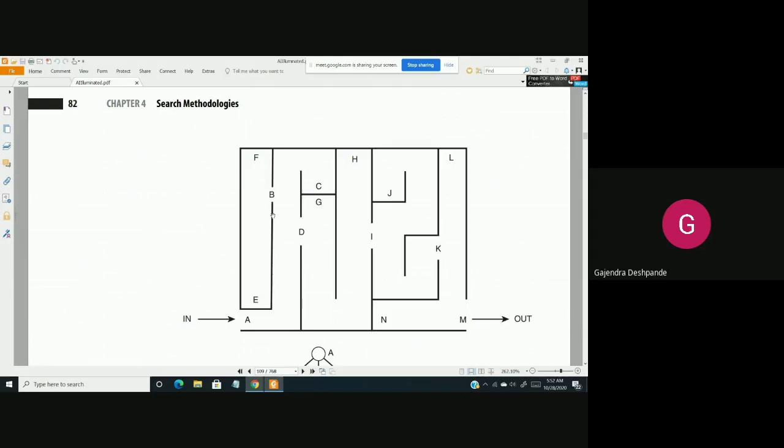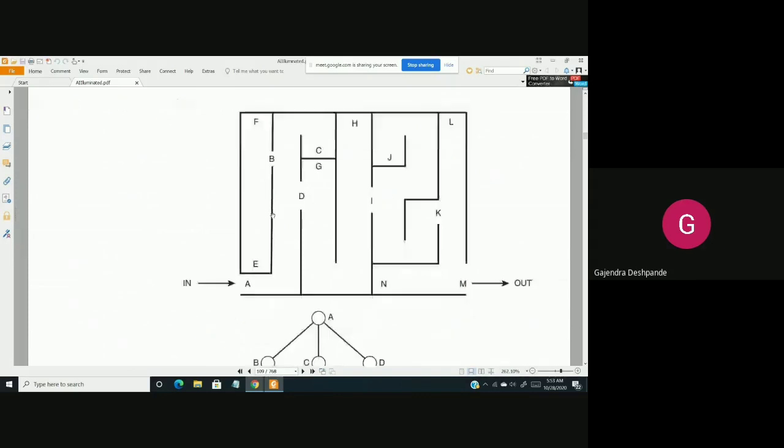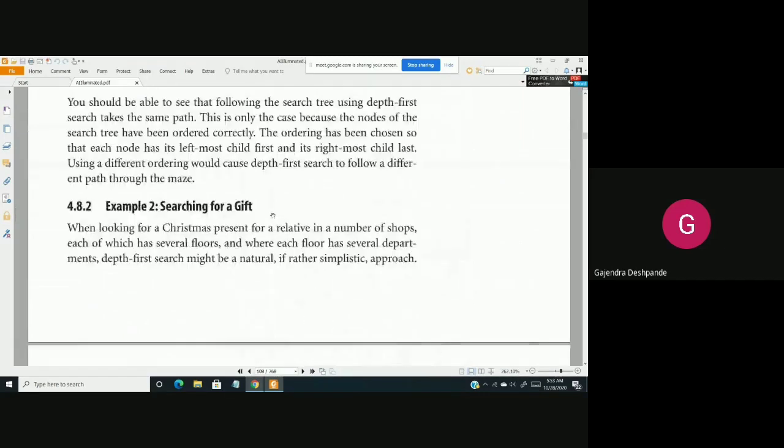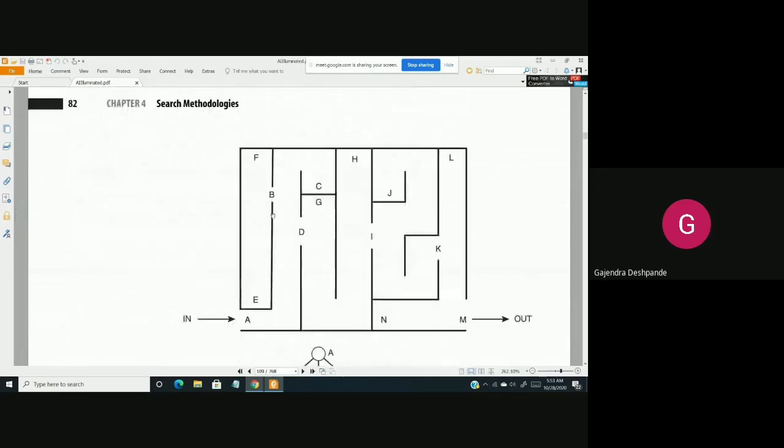Let's say, if I start with A, then I will move to B, then to F. Then I'm not able to exit, so I will come back and go to C, then from C to D, then from D to G, then from G to H, then I, then from I to J, then from J to K, K to L, L to M. I will not visit N because at the point I see M, I will just go out, because that's my exit point.